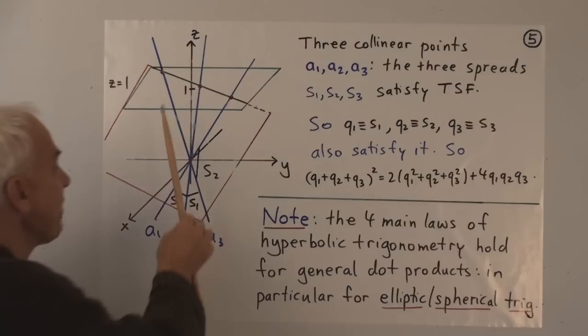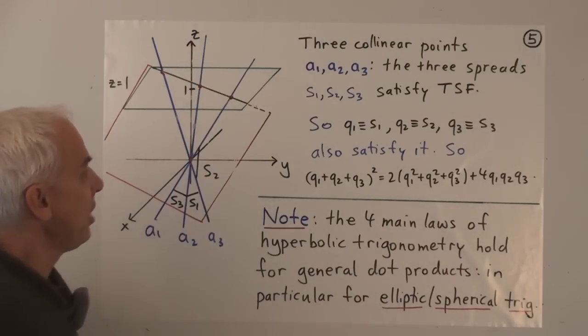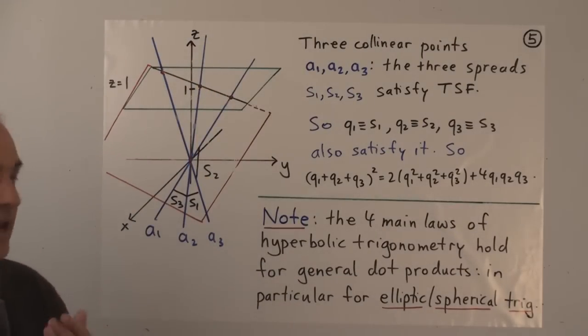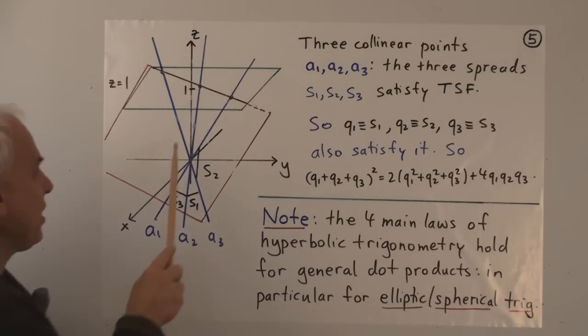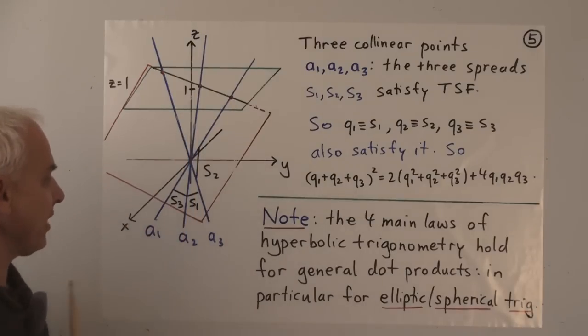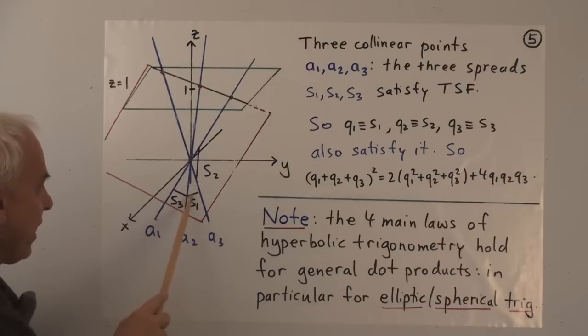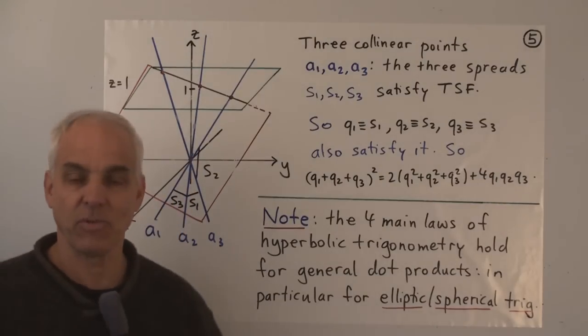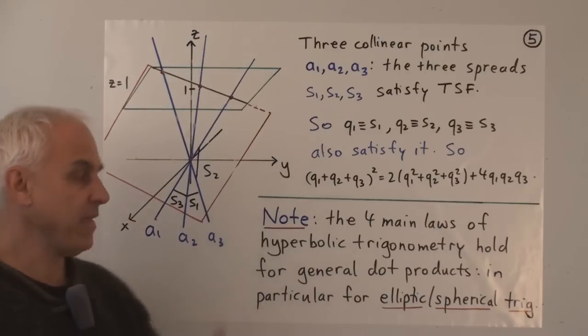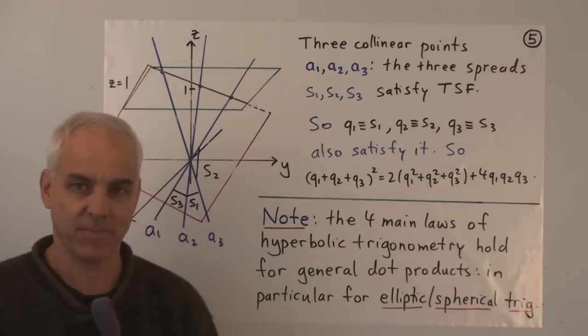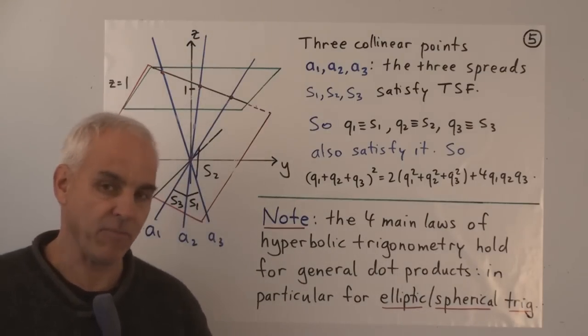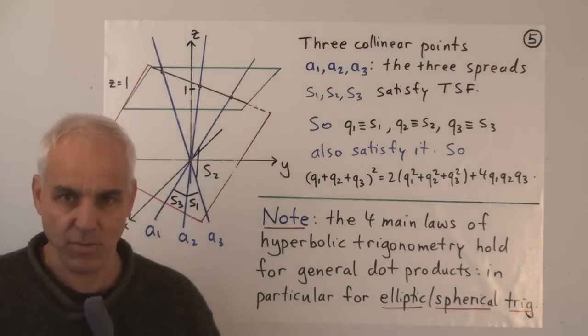If you have 3 lines which are in a plane, then the 3 spreads formed by those lines, say S1, S2, S3, are going to satisfy the triple spread formula in the affine three-dimensional space. Now, I haven't proven that, I'm just telling you that that's the way the world works.